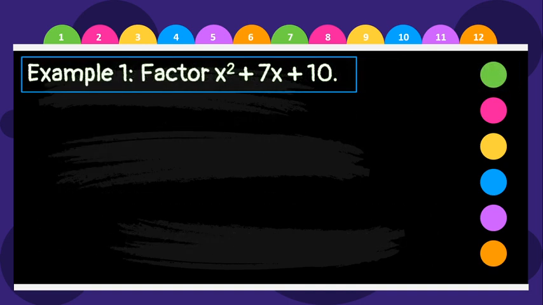Let's have an example. Let's factor x squared plus 7x plus 10. So again, let's first identify the a, b, and c. For this given, our a is always 1. B is 7, and C is 10.